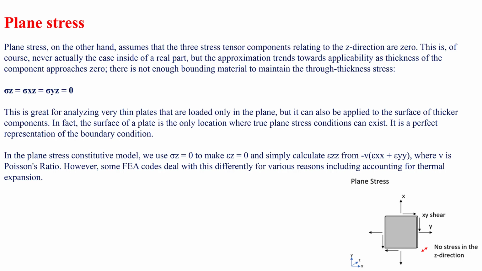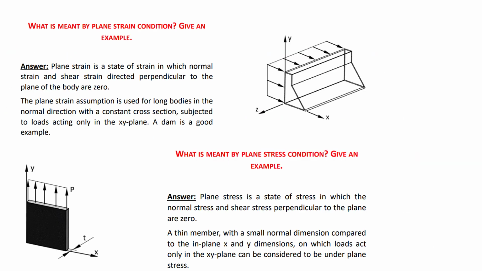To explain it in a better manner, I'd like to add one more slide. You could see the slide, right? The same thing is explained here in a better manner. Plane strain is a state of strain in which the normal strain as well as the shear strain directed perpendicular to the plane of the body are zero.